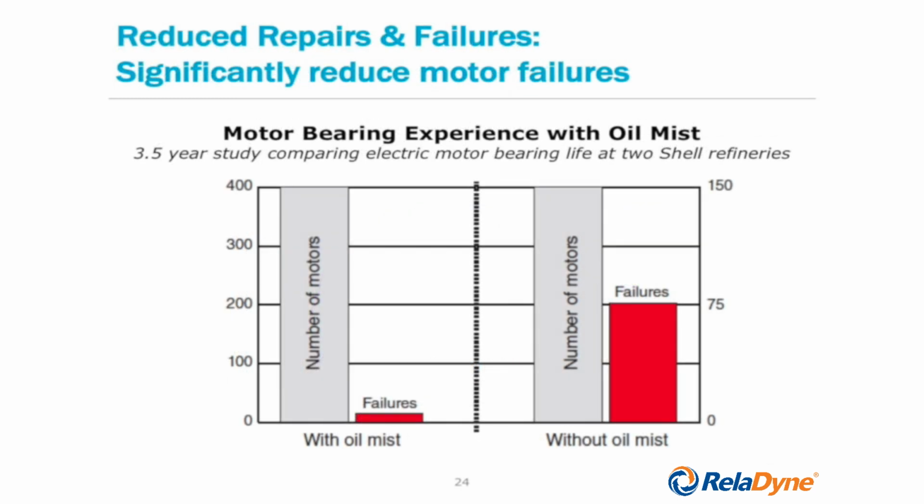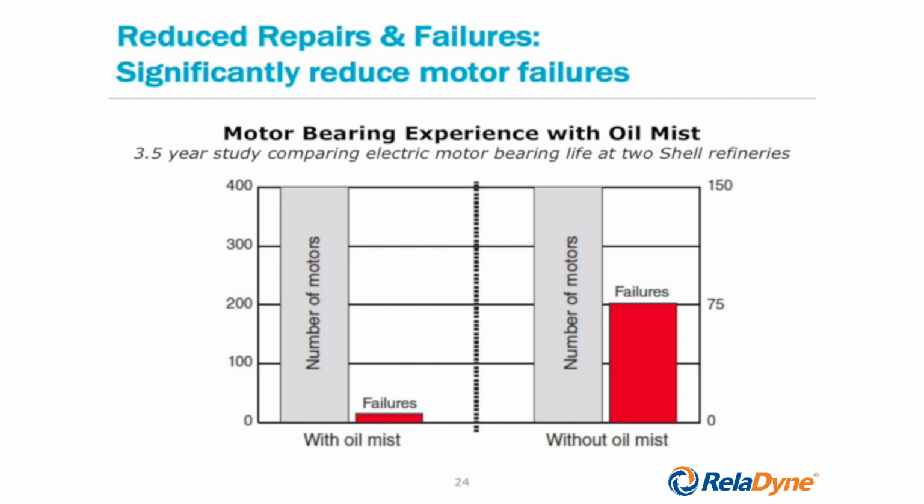We now look at a slide that originated with 2 Shell refineries in the Houston area. The 2 refineries wrote a paper on their experience, and on the left you can see that the number of failures with oil mist were as low as 10 in a 3.5 year time period.